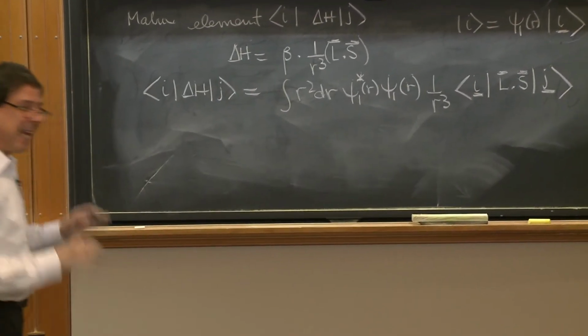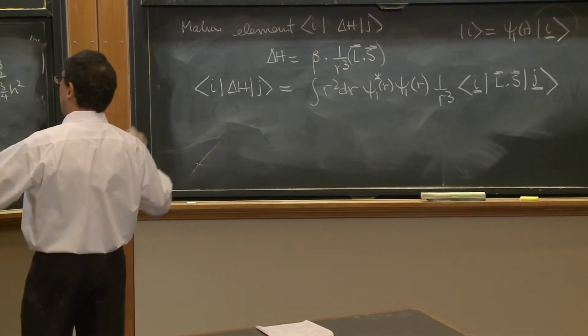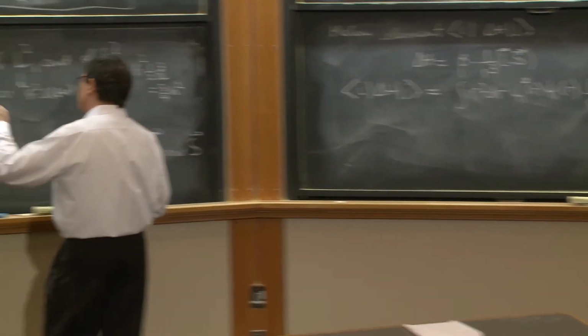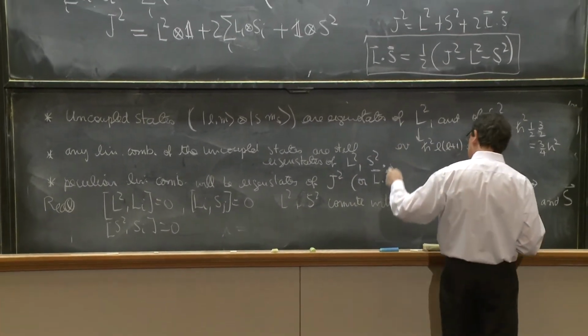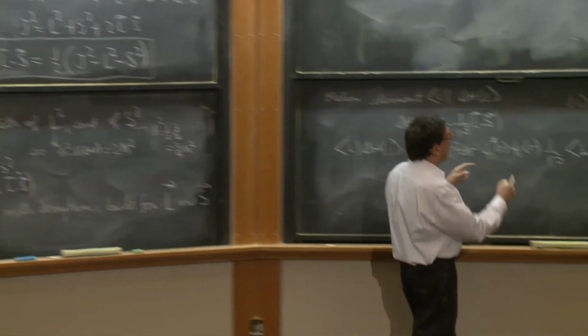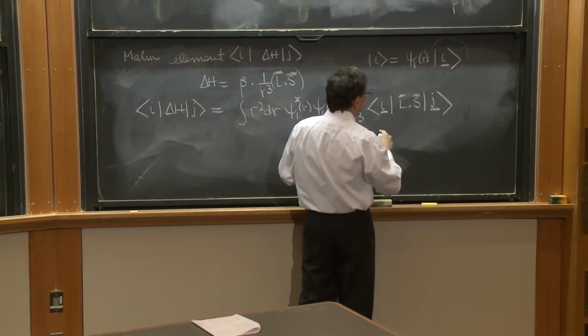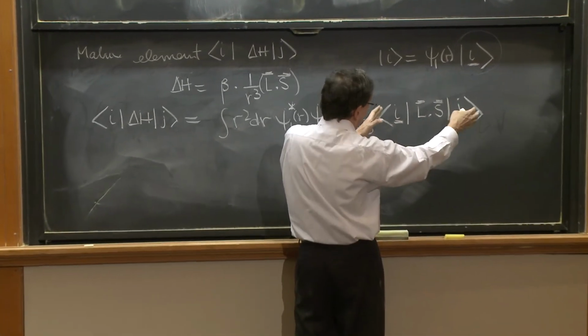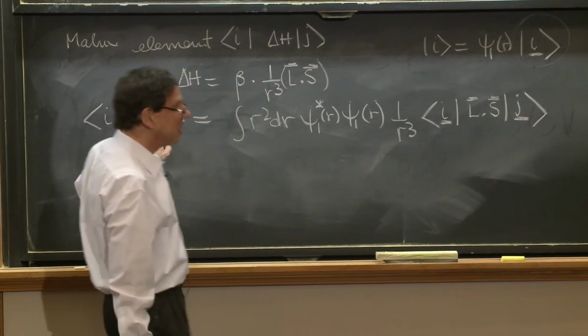So the key thing that is going to happen now is that the basis of eigenstates of J squared is the same thing as the basis of eigenstates of L dot S. If we select those i's and j's here to be eigenstates of L dot S, this matrix, by definition, is diagonal, and we've solved our problem.